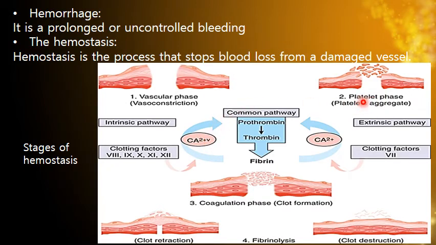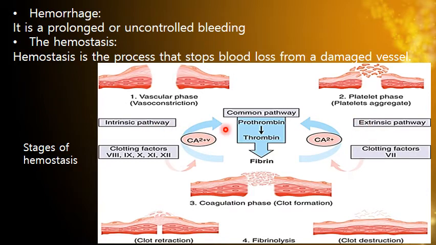After the end of phase 2, the platelet phase, which ends with the formation of the platelet plug, this platelet plug will release factors that will start the third phase, which is the coagulation phase. In this phase, we will have both intrinsic and extrinsic pathways.